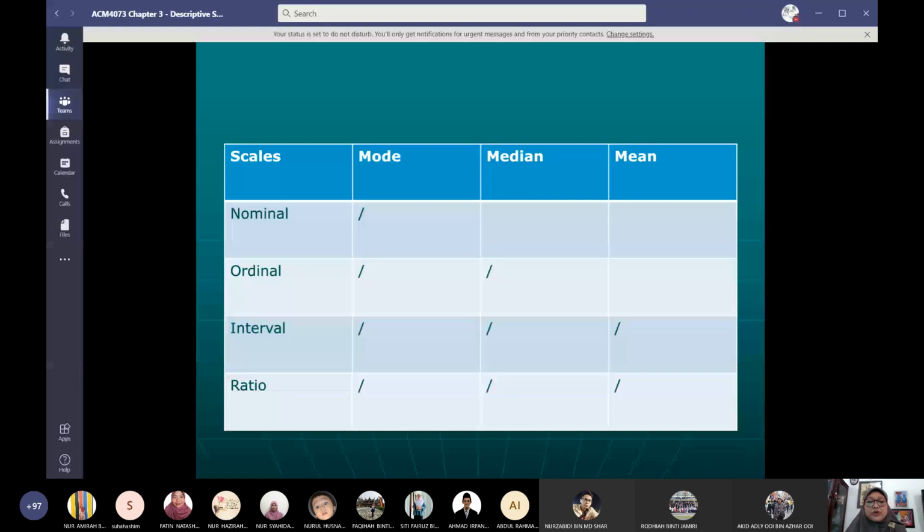So for ratio, you can also identify all three: mode, median, and mean analysis. Remember, not every type of data can be analyzed for all measures of central tendency.